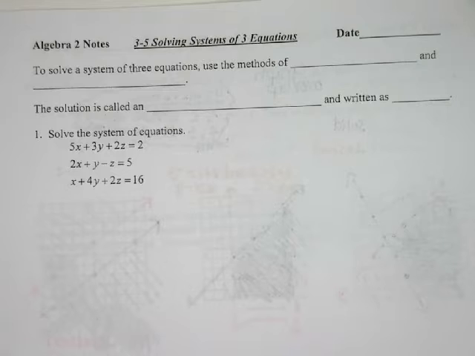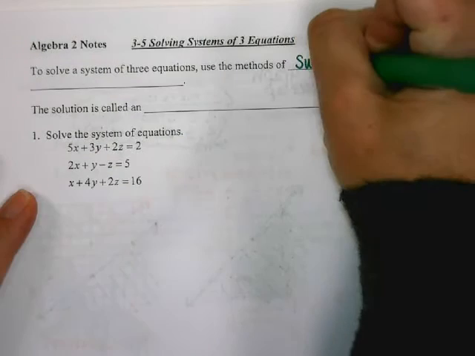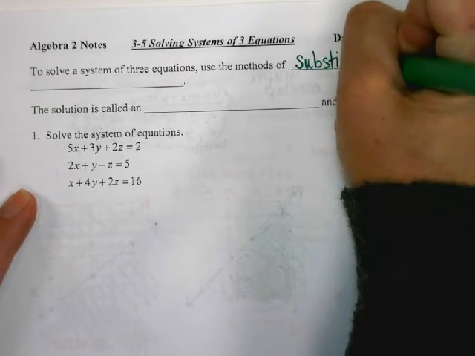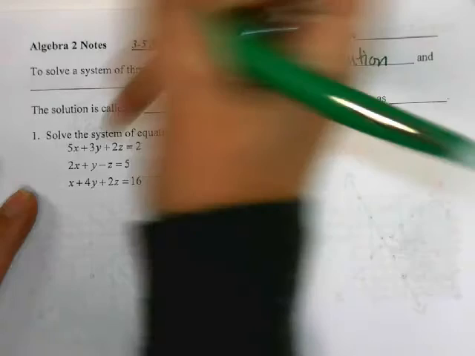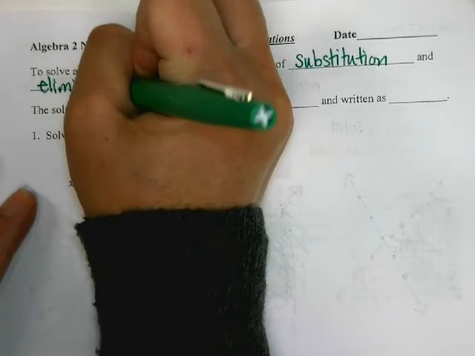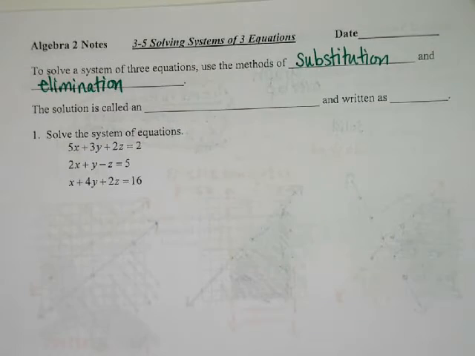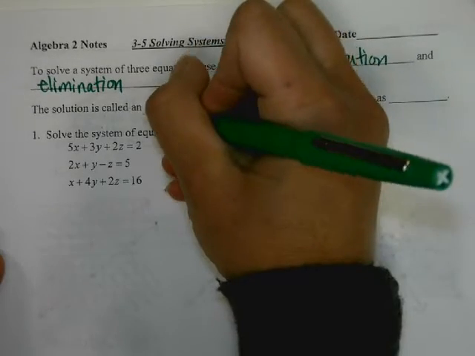To solve a system of 3 equations, you have to use the methods of substitution and elimination. We have to do both. The solution is called an ordered triple.